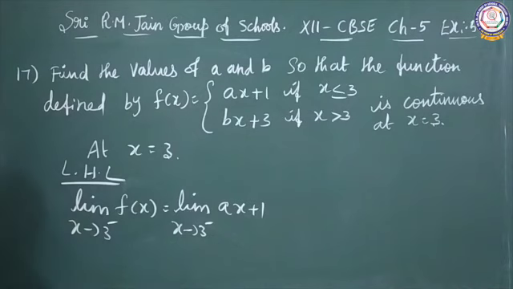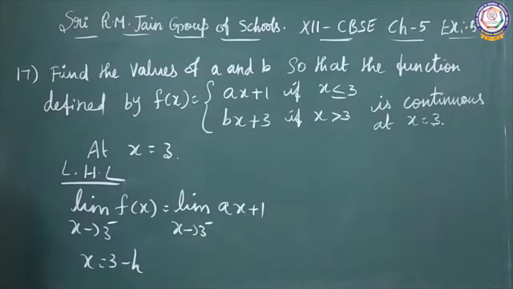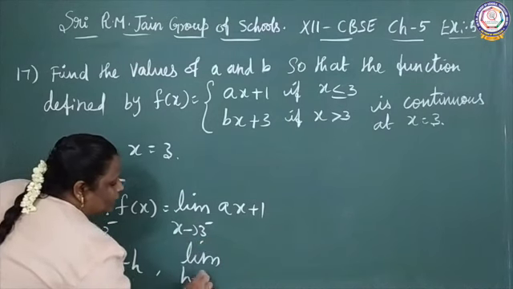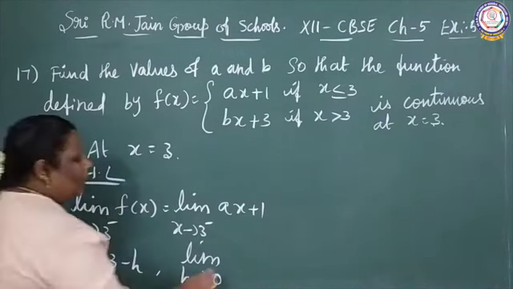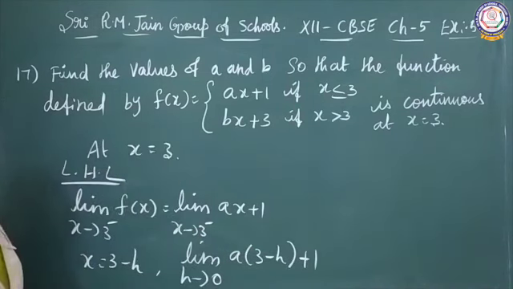You replace x with 3 minus h, limit h tends to 0, a into 3 minus h plus 1.